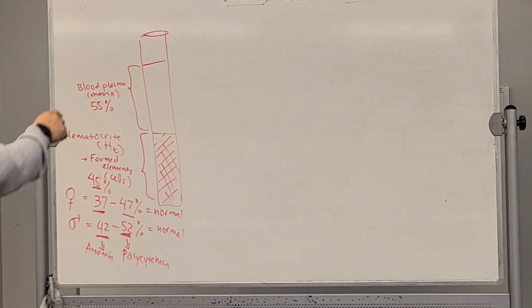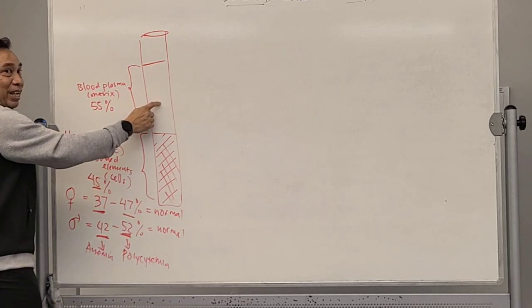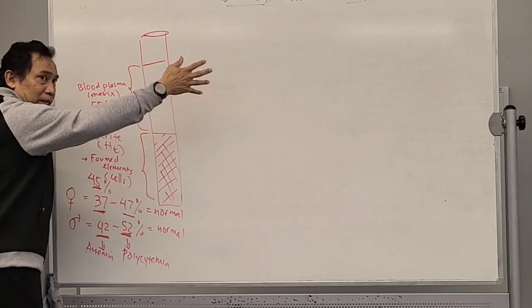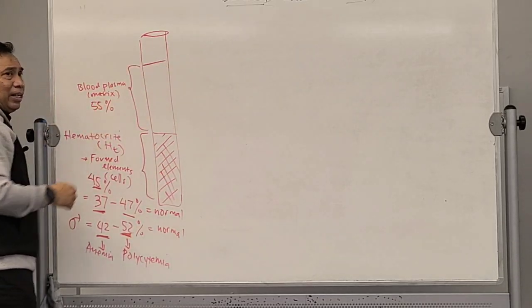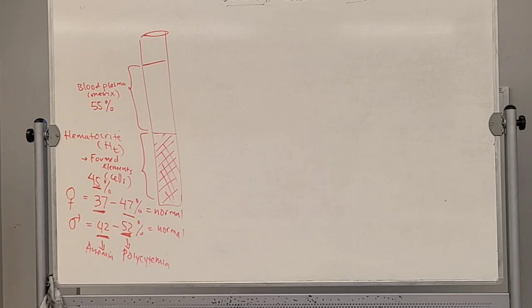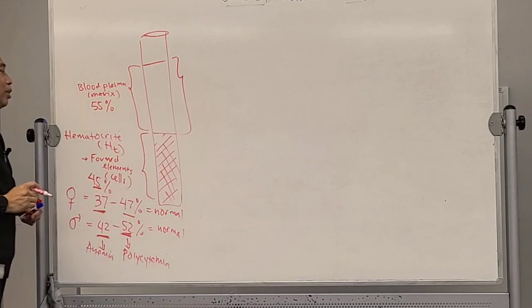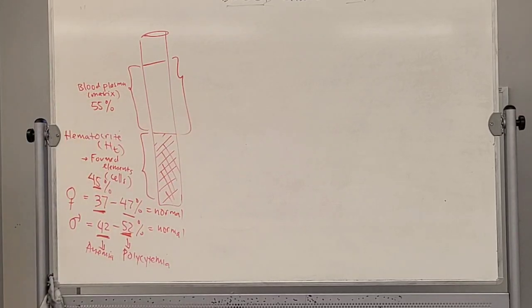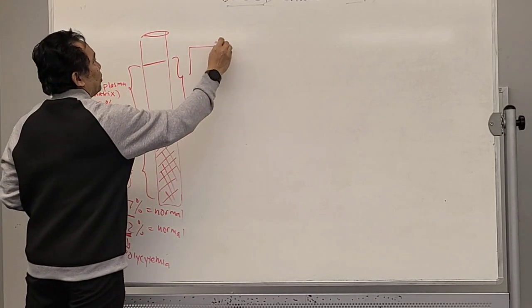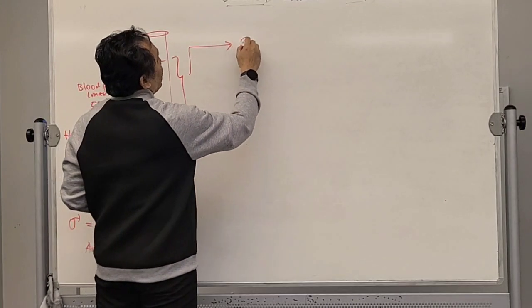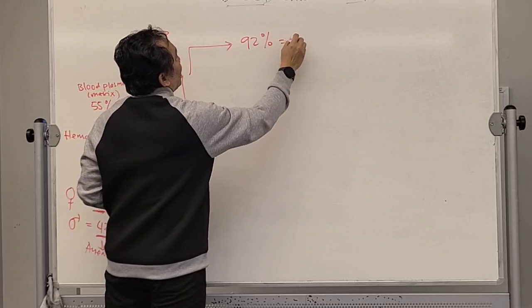Now, what is in blood plasma and what is in the formed elements? This is what we're going to learn, and then connect with the function of the blood tissue itself. Now, in the blood plasma, which is around 55%, 92% will be water.